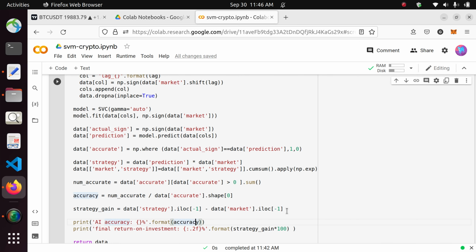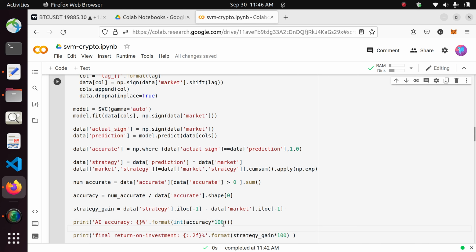Accuracy times 100, and let's take floor division or floor rounding with an integer. That should be good enough. That will give us a percentage.